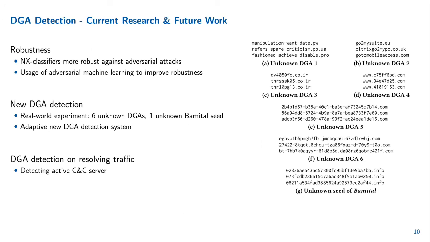And lastly, we want to actually detect active CNCs from unresolving traffic. This is quite new, and we are currently researching it. The main goal of all our study would be to combine all research into a single detection system, and also to ensure that everything is real-world applicable and real-time capable.